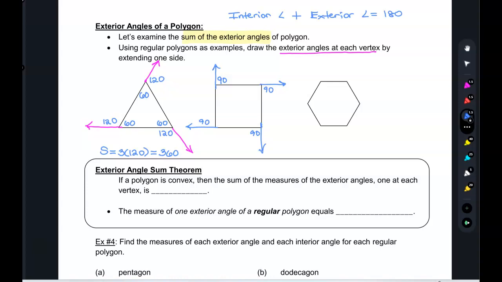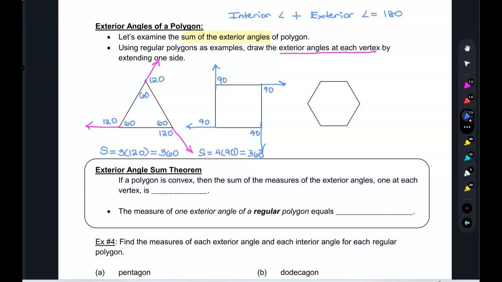So if this is a square, all the interior angles and these exterior angles would be the same. The sum here is 4 times 90, which is 360. 4 times 9 is 36.